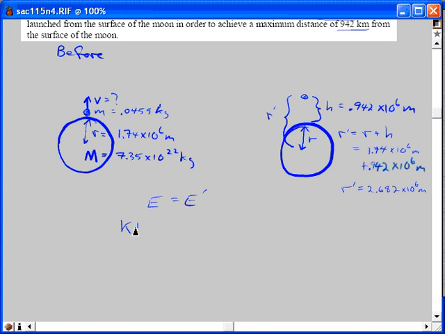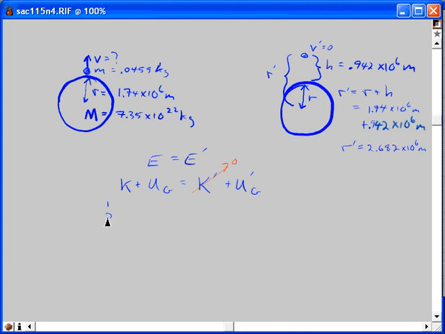It consists of kinetic energy plus gravitational potential energy. And same thing over here in the after picture, K prime plus U_G prime. Except in the after picture, I didn't write that down, but v prime is equal to 0. So there is no energy of motion. The kinetic energy is 0.